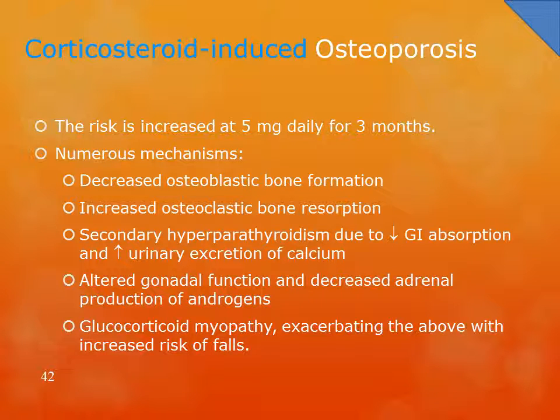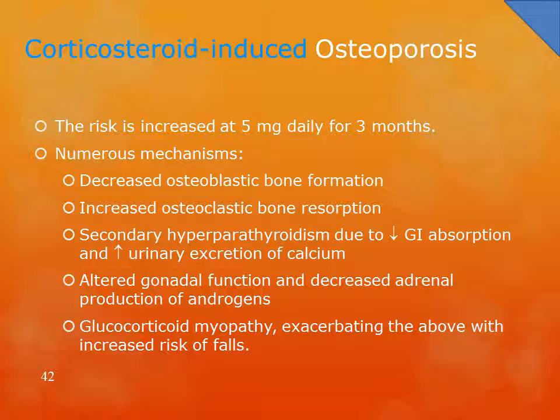A word about corticosteroid-induced osteoporosis, because they love to ask about this on the boards. You are at risk for osteoporosis if you're taking 5 milligrams of prednisone a day for 3 months. That seems to be kind of a cutoff. For some people, it's probably less. For some people, more.